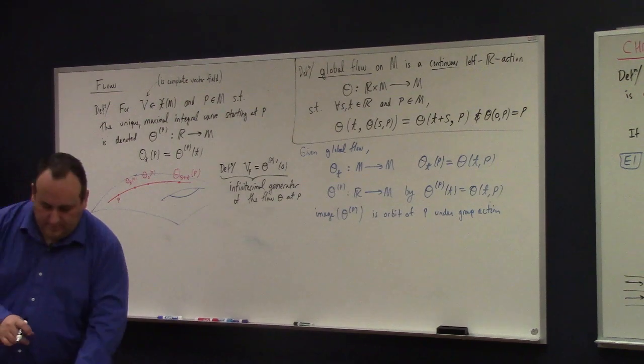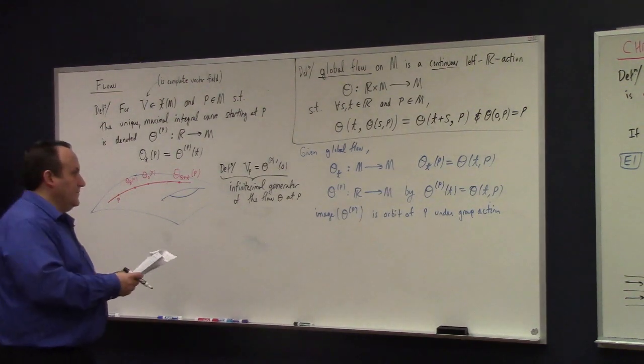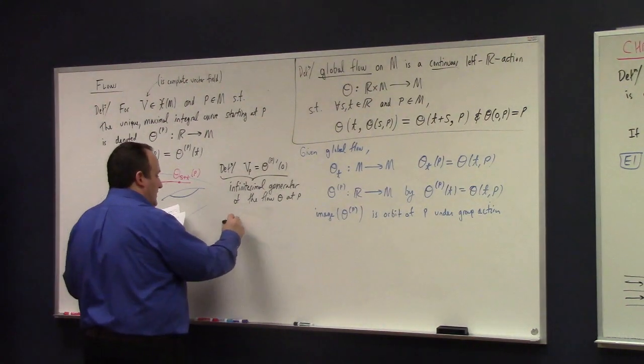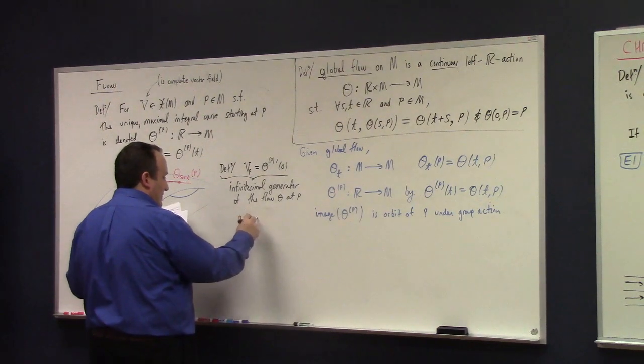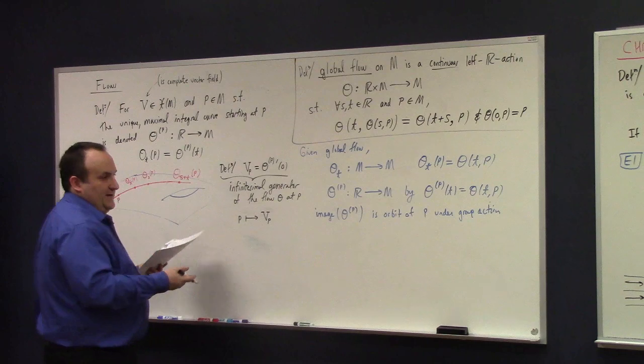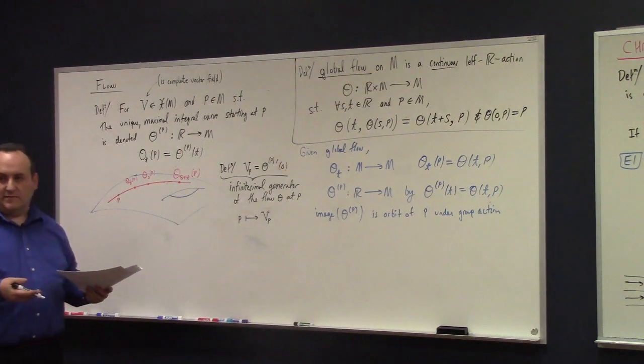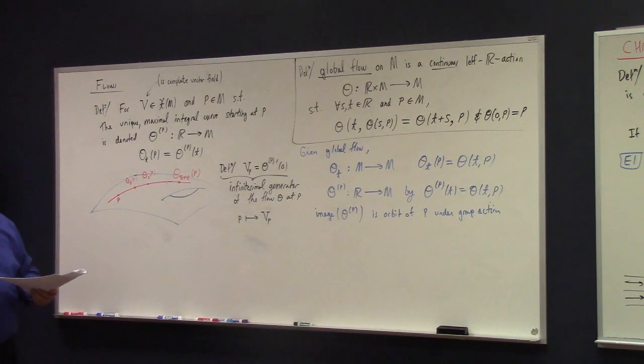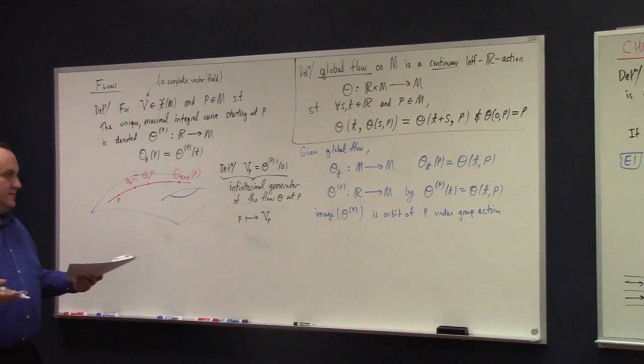And then of course you can define a vector field in this way: P maps to V_P. That defines a vector field on the manifold.